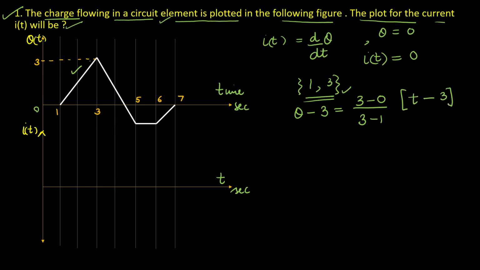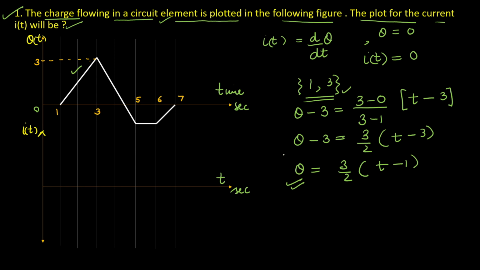So q minus 3 equals 3 by 2 times (t minus 3), and this equation becomes q is equal to 3 by 2 t minus 1. This is the equation of charge between the interval 1 to 3.